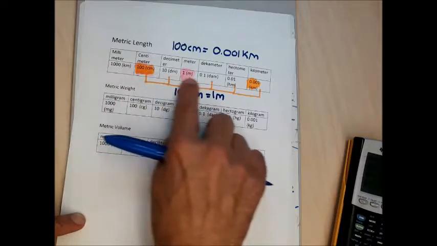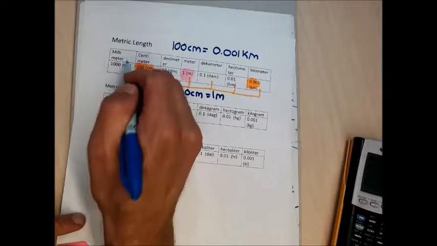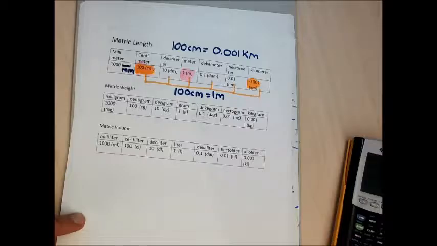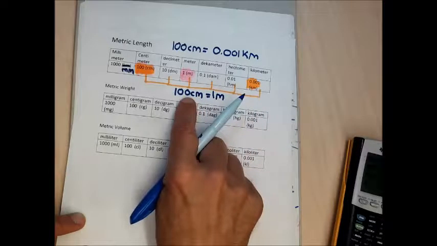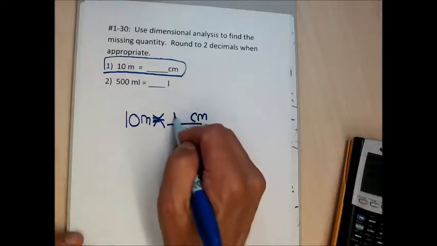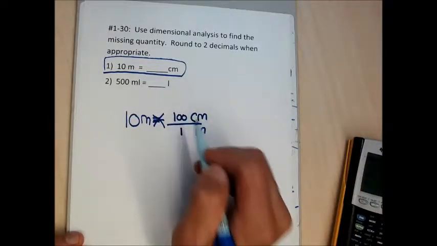Every one of these relations, this should say 1,000 millimeters, all these are equal to each other. So I'm going to put in my fraction 100 next to the centimeters and 1 next to the meter.